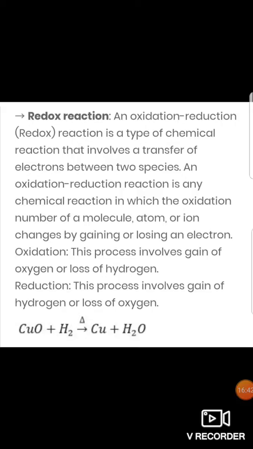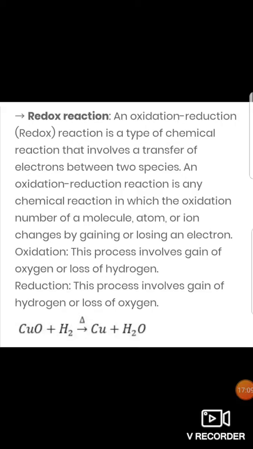So a redox reaction is a type of chemical reaction that involves the transfer of electrons between two species. An oxidation reduction reaction is any chemical reaction in which the oxidation number of a molecule, atom or ion changes by gaining or losing an electron.